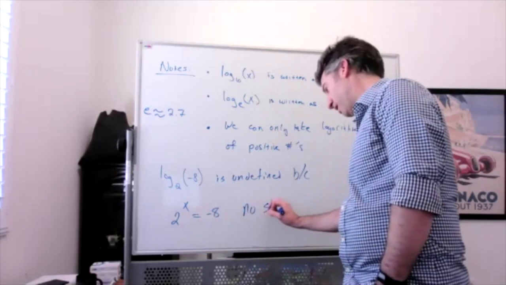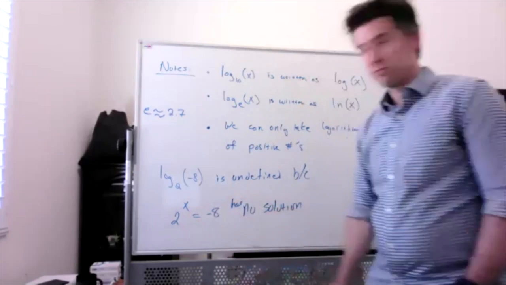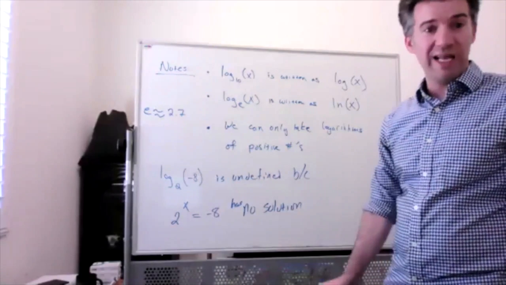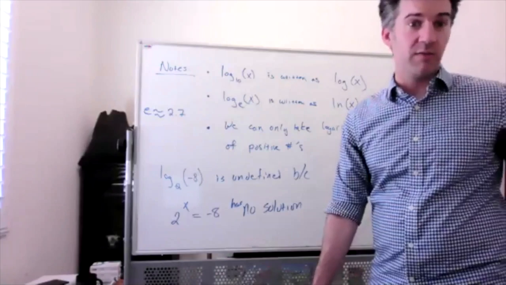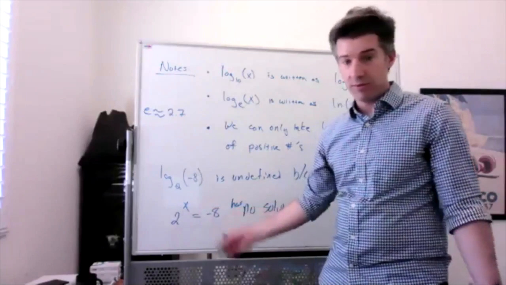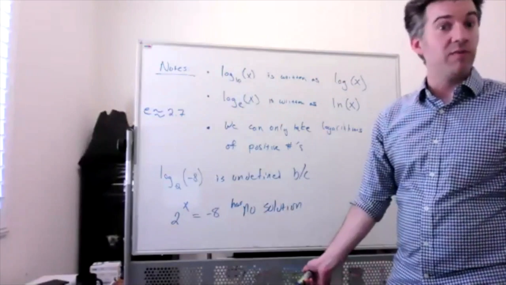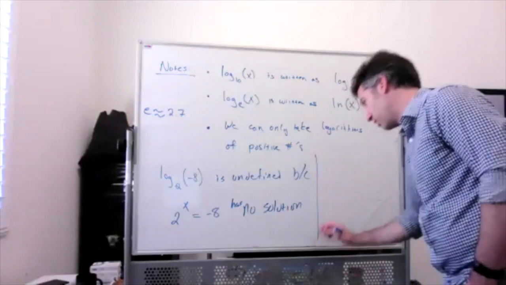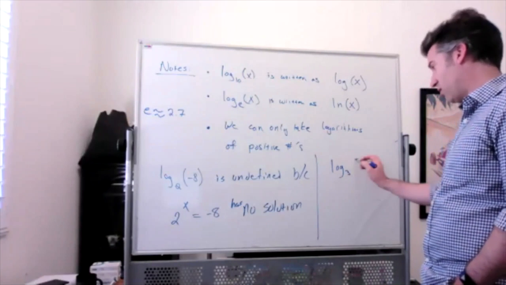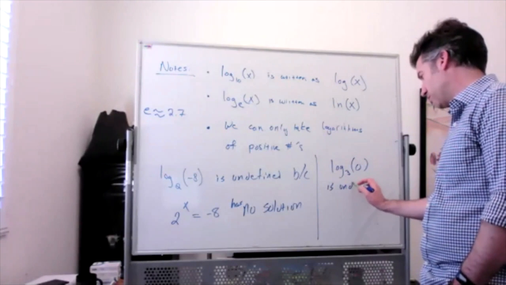There's no solution to that. 2 to any power is always going to give you a positive result, so there's no way that 2 to the x can equal a negative result. It's also true that you can't take a logarithm of 0. For the same reason, log base 3 of 0, or any base you like, is also undefined.